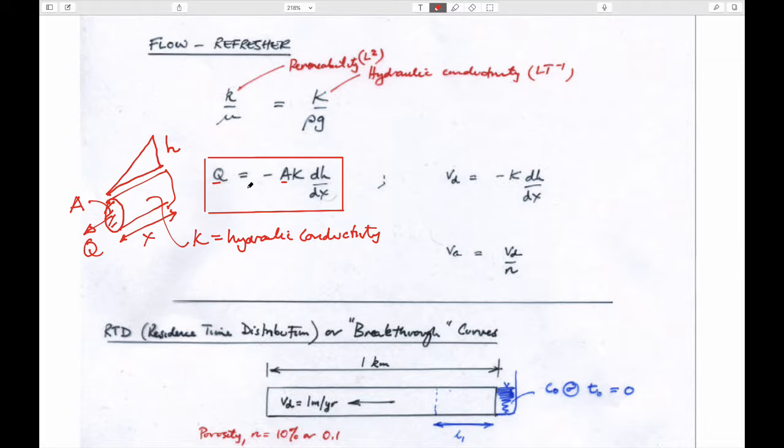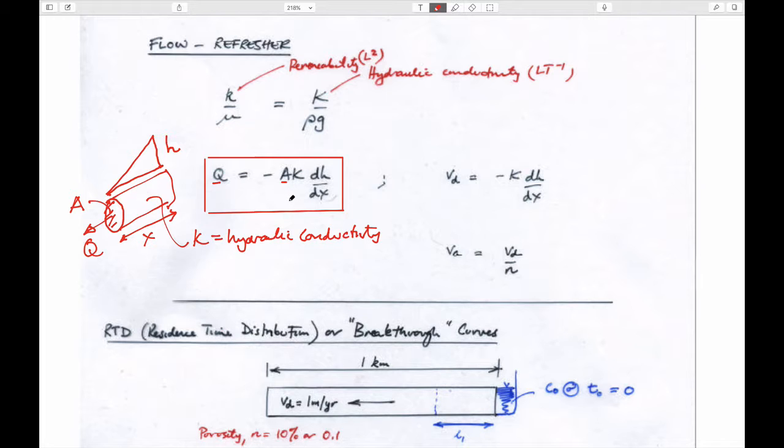And the flow rate is proportional to the gradient of the head drop along it, the pressure drop if you like, but it's a head, it's units of length, so it has no dimensions. And the scaling parameter that defines how quickly flow will occur as a volume flow rate is called the hydraulic conductivity.